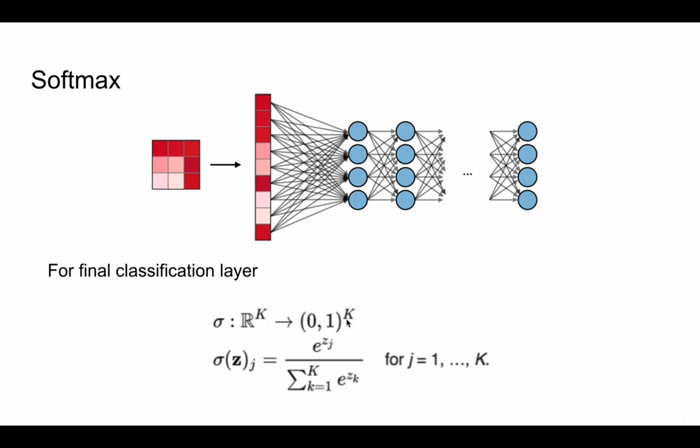To do so, we take the exponential of the score value of each neuron output, and the denominator is the sum of all the exponentials of the score outputs. With this definition, we guarantee that the sum of all the neurons equals 1. This gives a nice interpretation: the softmax result can be considered as the probability of being identified as a particular classification.